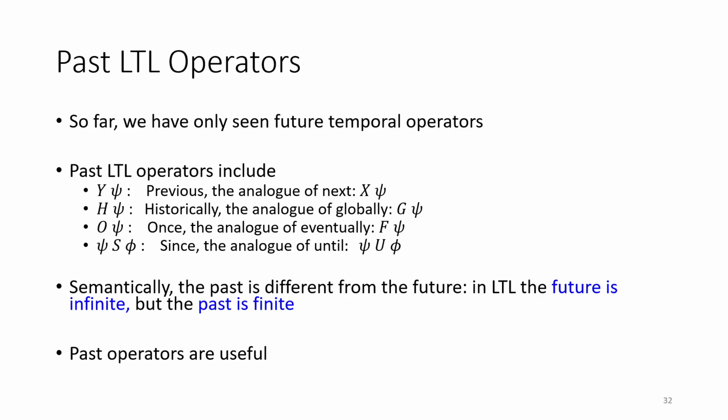If you take the timeline, usually at time 0, to one side you extend the future, and to the other side you extend the past. If the right side of the future satisfies psi until phi, then if you mirror it into the past, this is psi holds since phi was true.